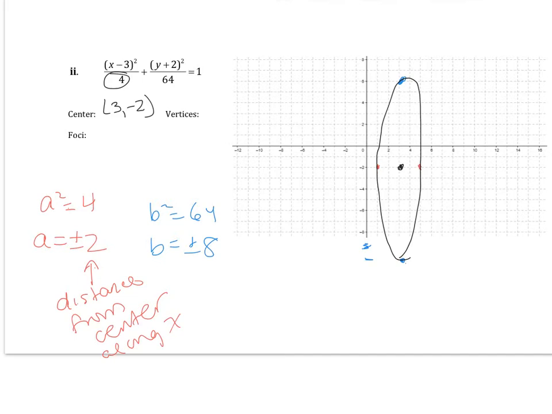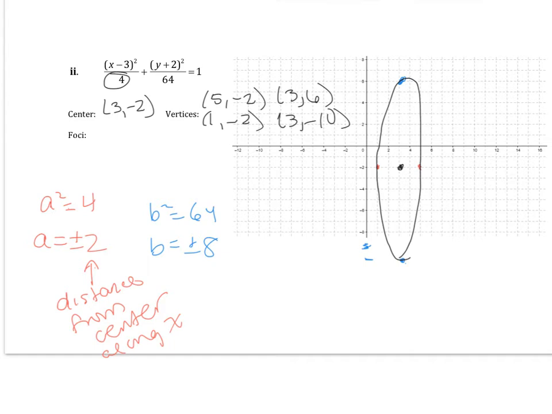Okay, so our vertices we could see just by looking at it, right, are 5, -2, 1, -2, and 3, 6, and 3, -10.